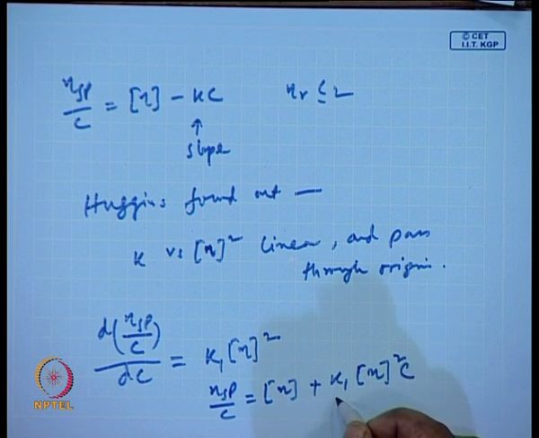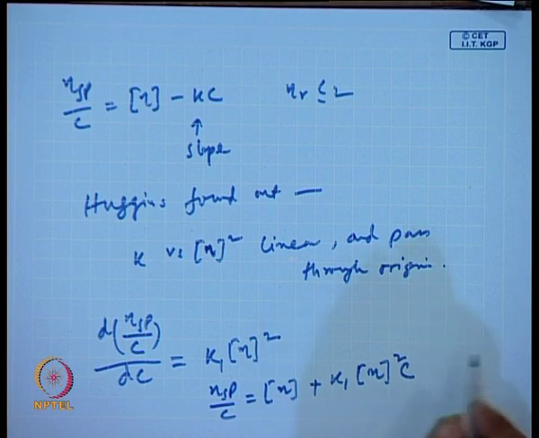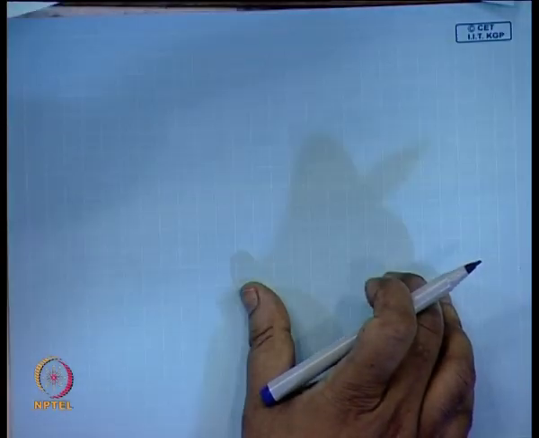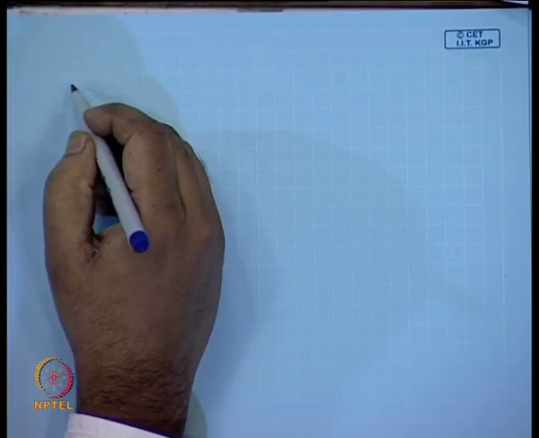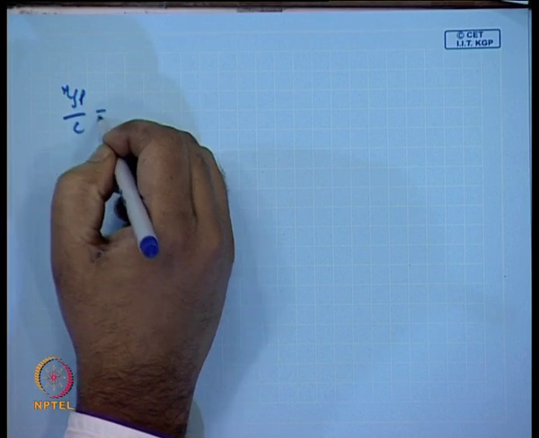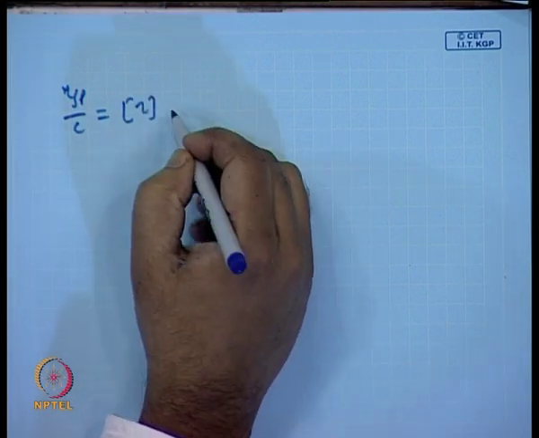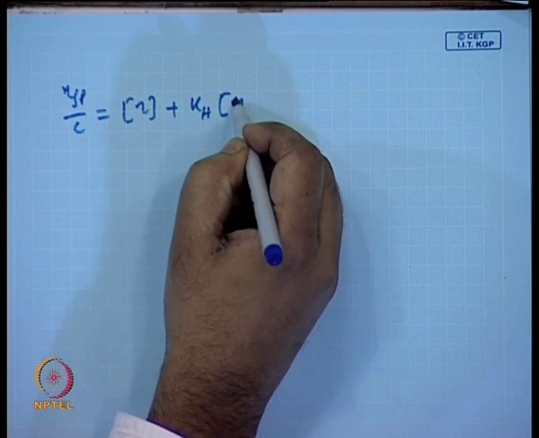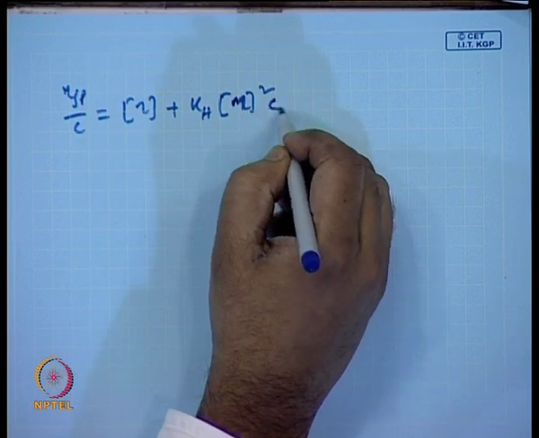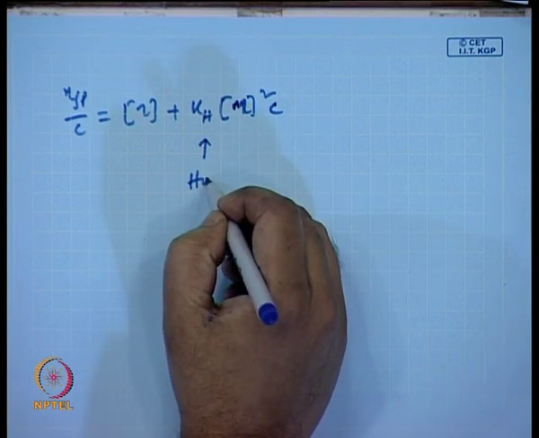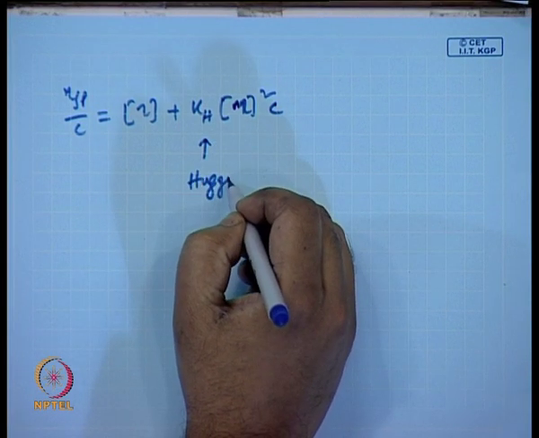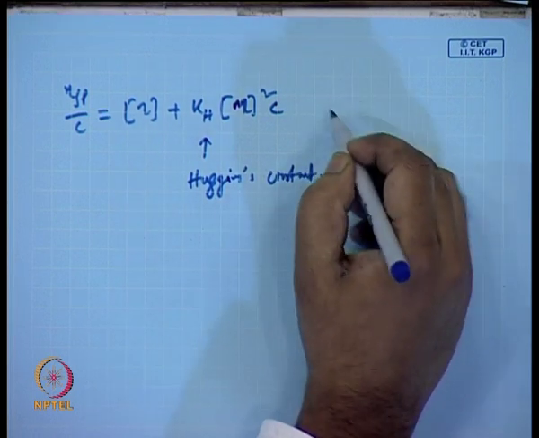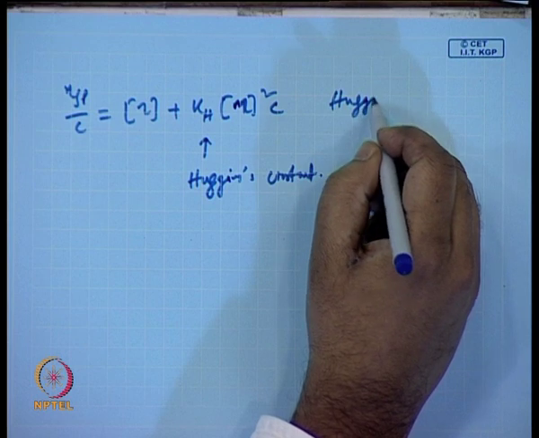Because Huggins established this relationship, sometimes this K1 is written as KH. So, eta_sp by C is written as eta plus KH eta square C, where KH is the Huggins constant. This is the Huggins equation.